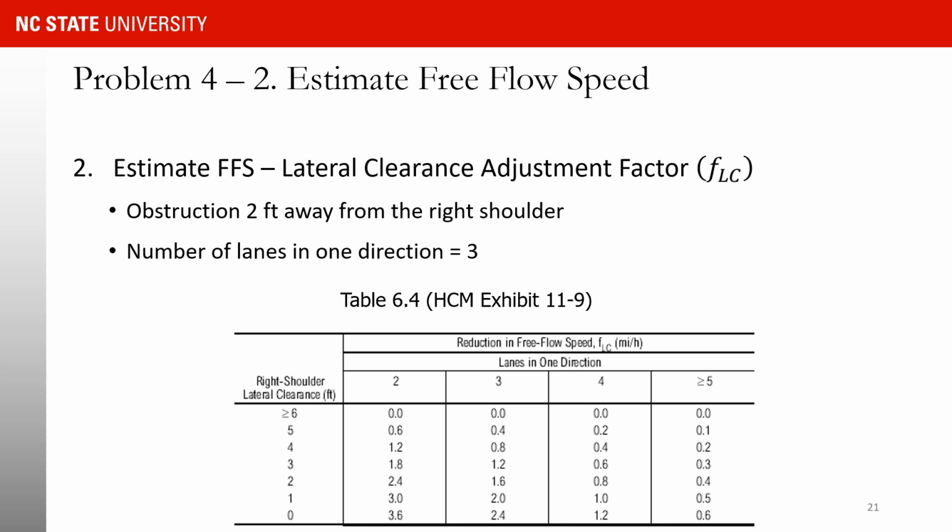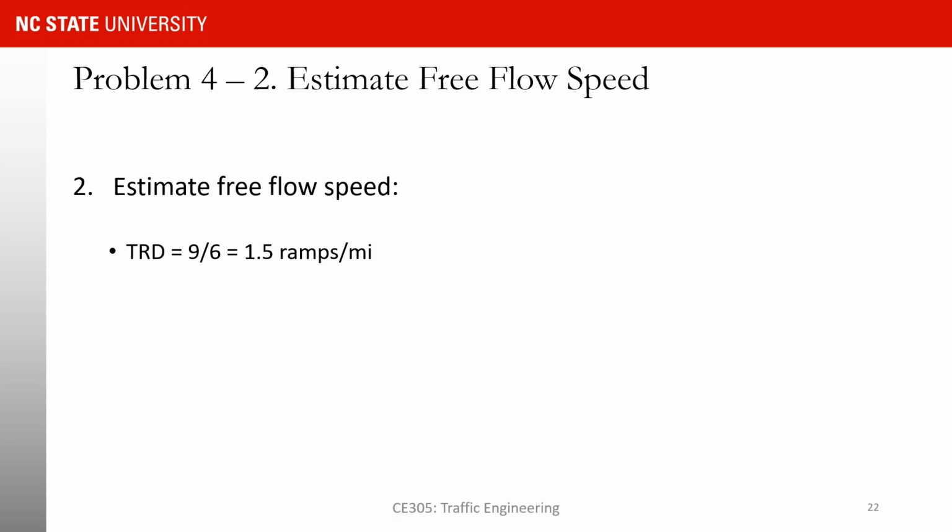Using table 6.4, obstruction is 2 feet away. And number of lanes in each direction is 3 because this is a 6-lane freeway. So based on the table, F sub LC is 1.6. Now we estimate the free flow speed. To do that, we need to know what is the total ramp density.